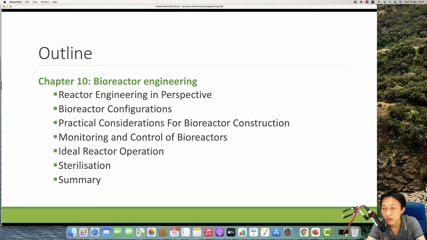Sometimes we use principles of control engineering to control our bioreactor. We look at the parameters that we want to control, and then finally we will summarize. Oh no, before that we are going to cover sterilization, how we are going to clean the system, make it free from germs, get rid of germs, something like that, and then I will summarize what we have learned so far.